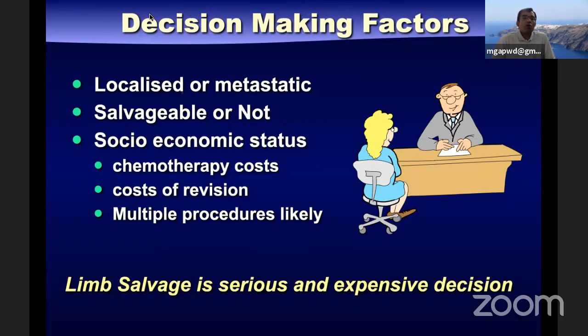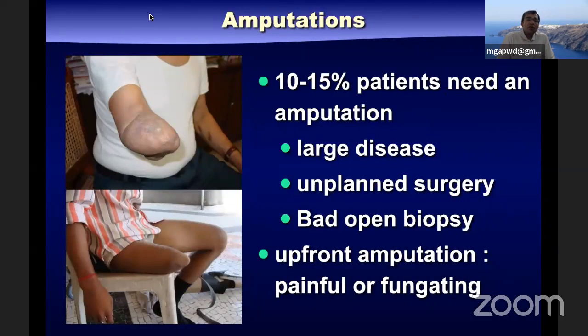Therefore, it's very important to counsel the patient that if they are opting for limb salvage, they must understand that they may require multiple surgeries, they may require revision surgeries in future, and that their costs are going to be higher than if an amputation is done. So after all this is taken into account, the patient is counseled, and then we start the treatment.